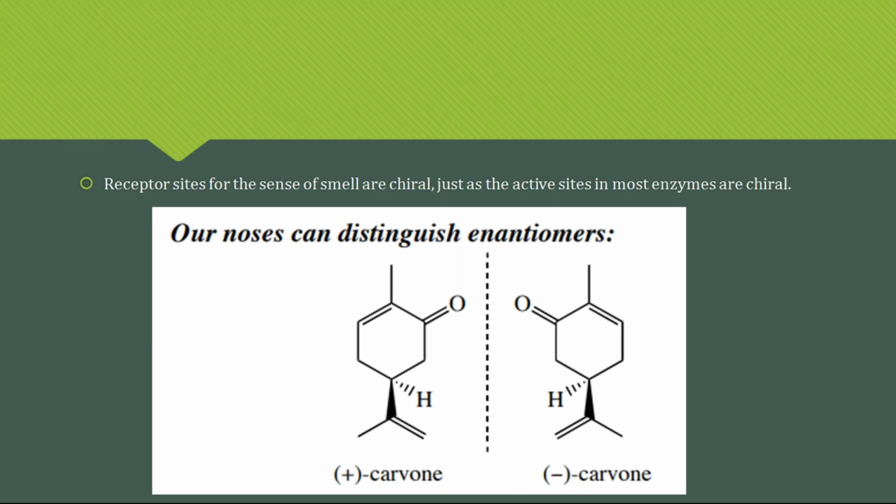So our nose can distinguish between the enantiomers. This is an example of an enantiomer, carbon plus and carbon minus, that is dextrorotatory and levorotatory. You can distinguish these enantiomers by smell, as they have different odors.